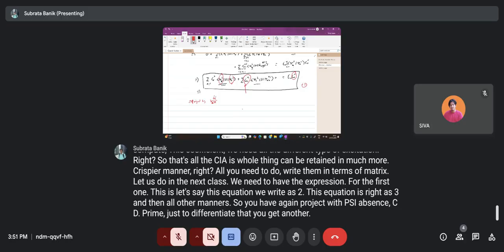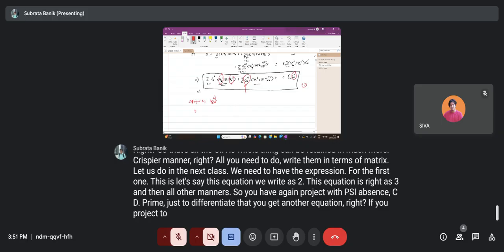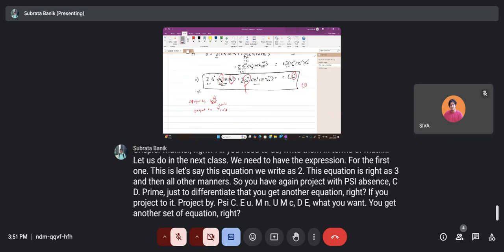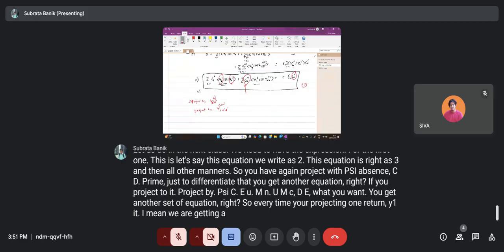You get another equation, right? If you project by psi C D E, the three-body one, you get another set of equations, right? So every time you are projecting one determinant by one determinant, you are getting a set of equations, right?